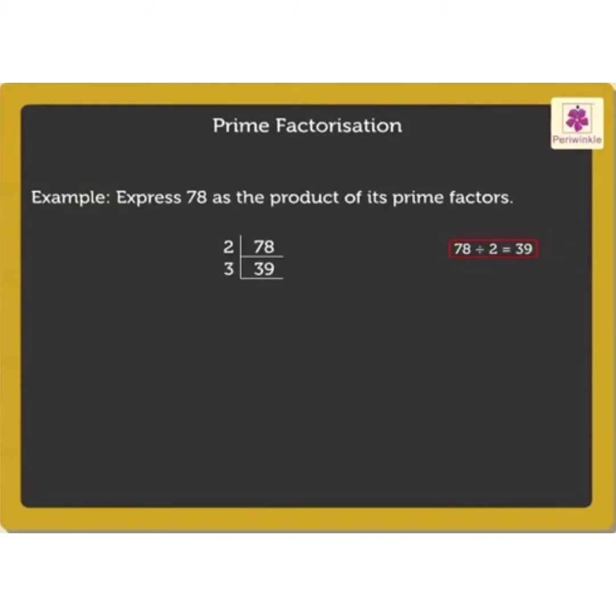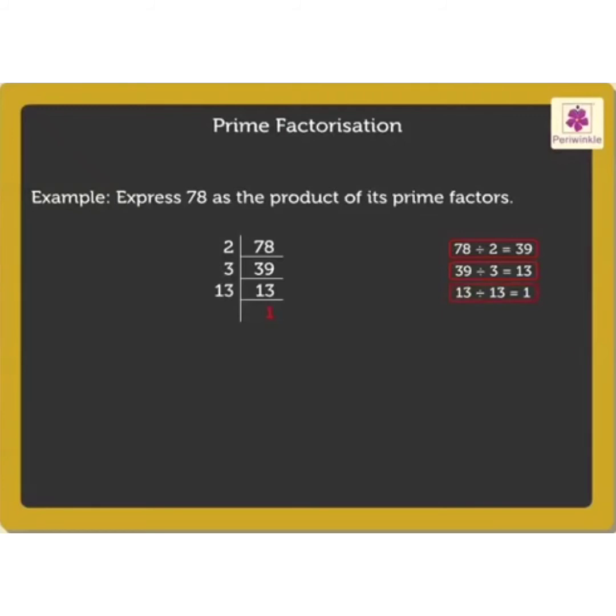But the next prime number 3 can divide 39 completely. So, 39 divided by 3 equals 13. Now, we have 13 as the dividend, which itself is a prime number.